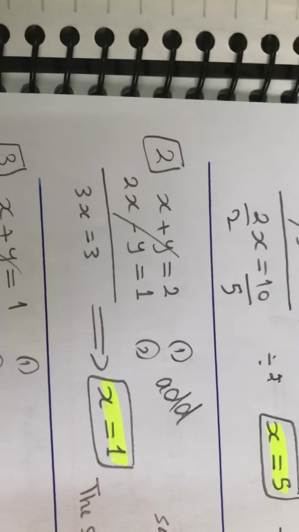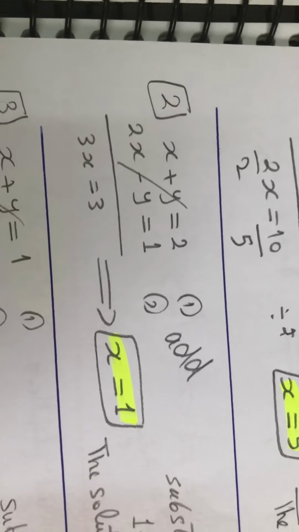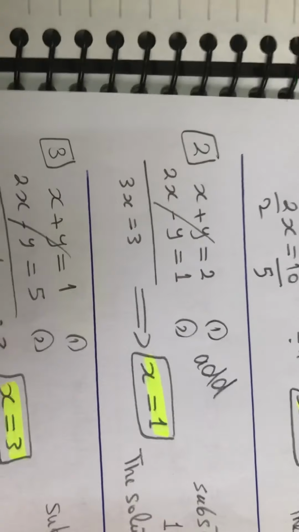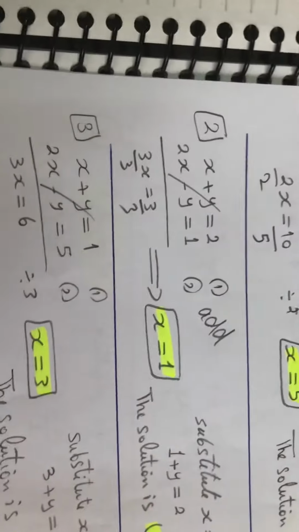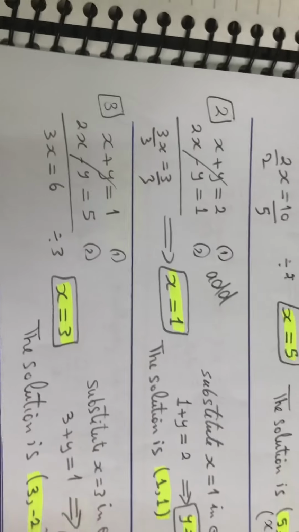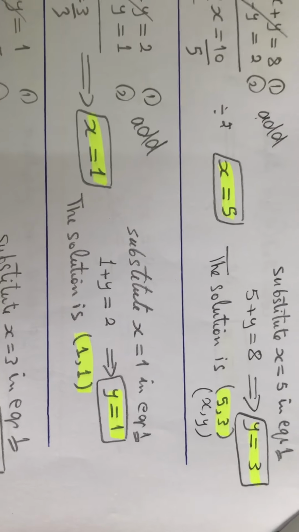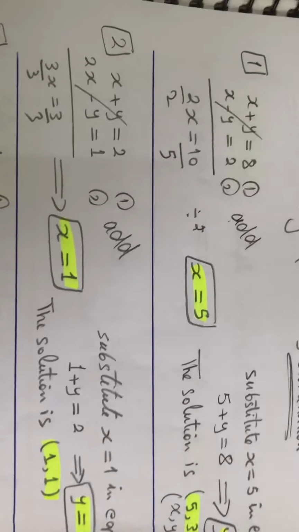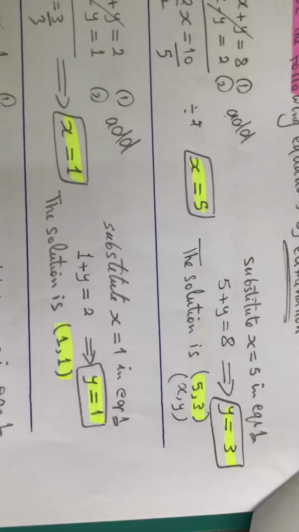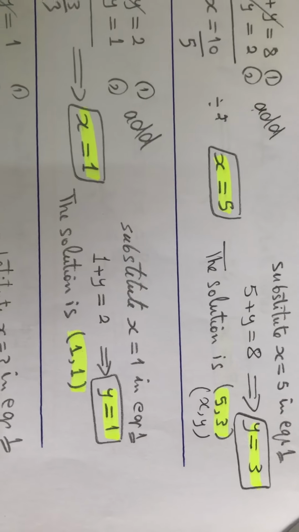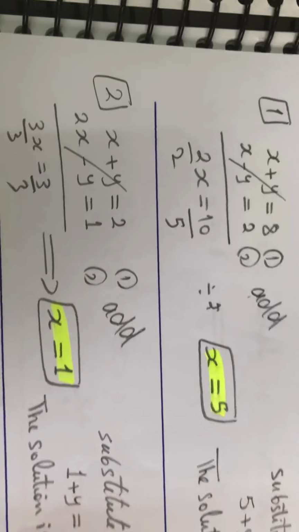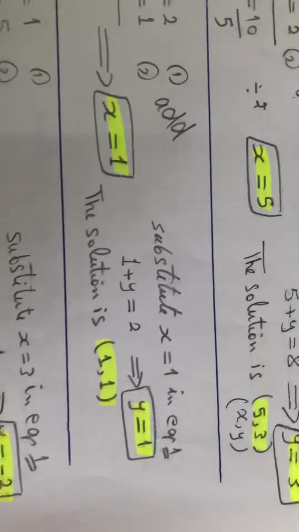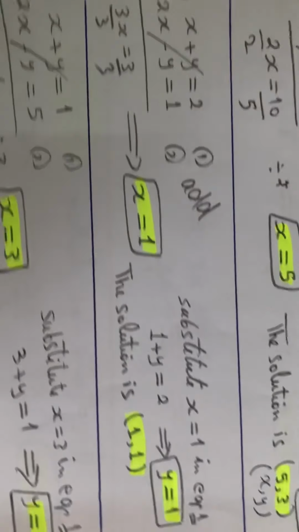About x, we have 1x and 2x equals 3x. 2 plus 1 equals 3. I'll divide by 3 both sides to get x equals 1. I didn't finish. Substitute x equals 1 in any equation you want, like equation number 1. So x equals 1 plus y equals 2, so y equals 1. The solution is 1 and 1.